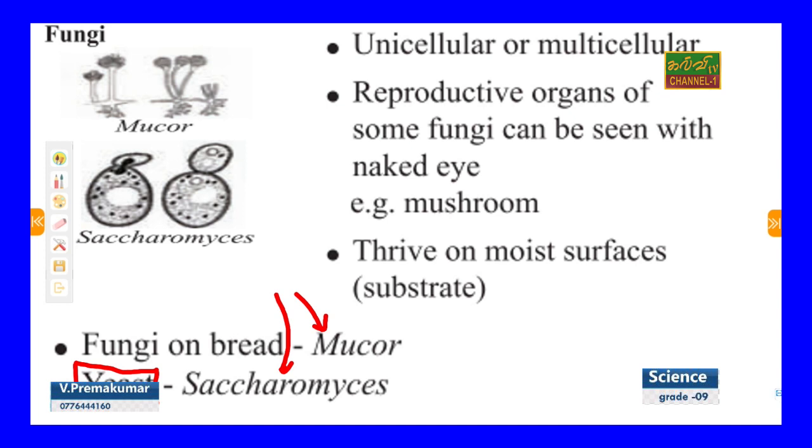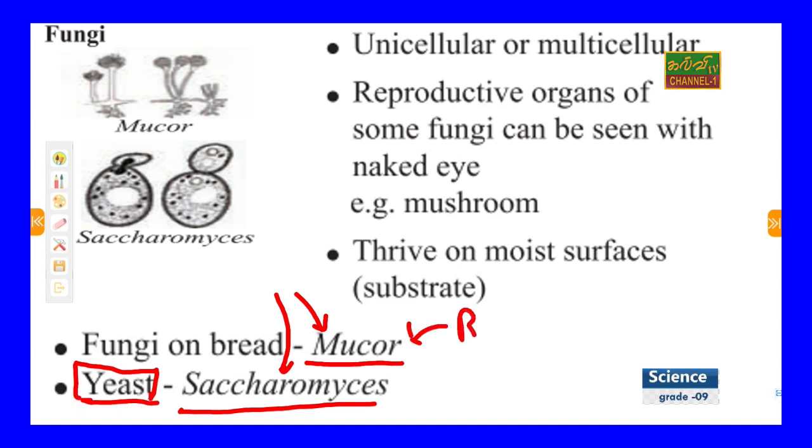Mucor is the specific name, biological name, scientific name. Saccharomyces is the scientific name of yeast. The common name of Mucor is bread mold. Sometimes we call it bread yeast. So this is a bread kind of fungi. So this is Mucor.